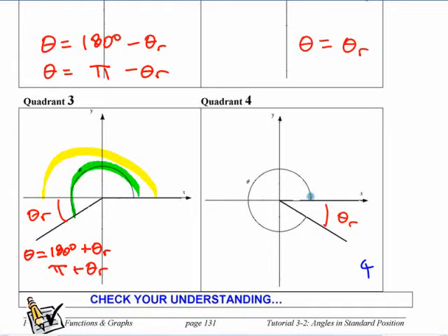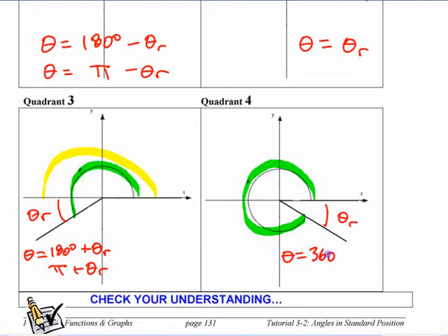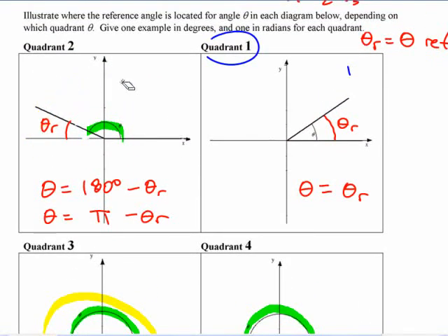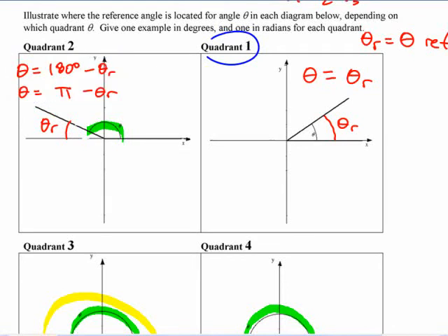And then in that last quadrant, theta is all the way around, so 2 pi minus theta r. I guess we should keep our degrees here first: 360 minus theta r, or 2 pi minus theta r. And that's that. I think you probably know that, or you can see that hopefully. Any questions about that?